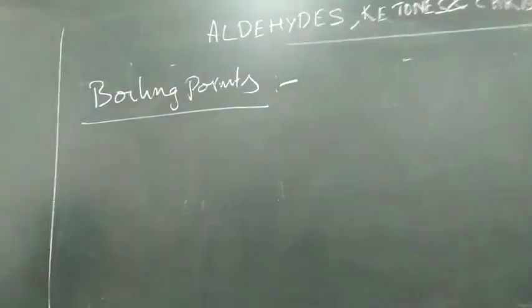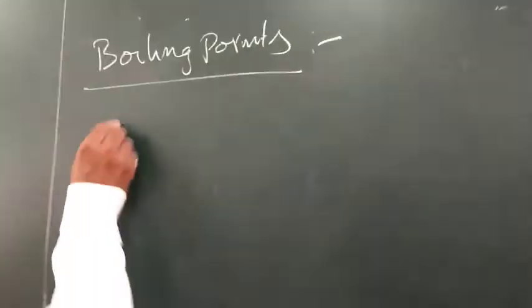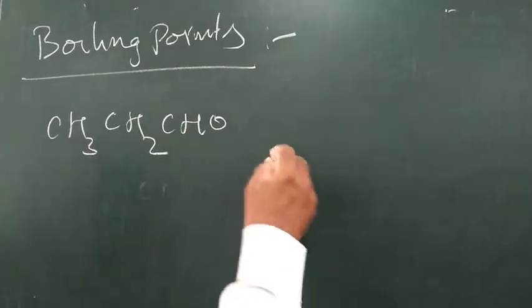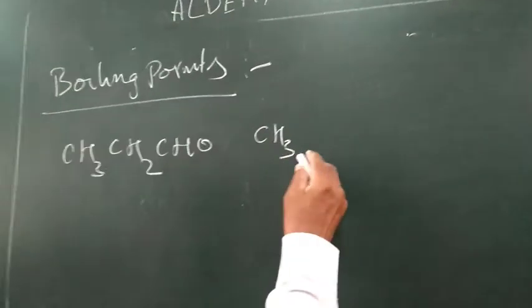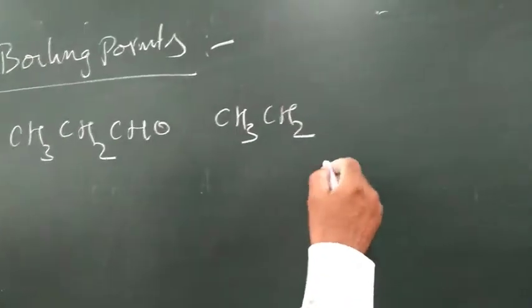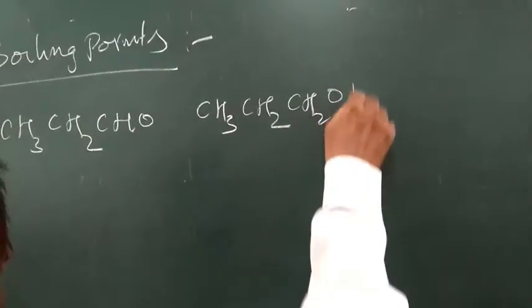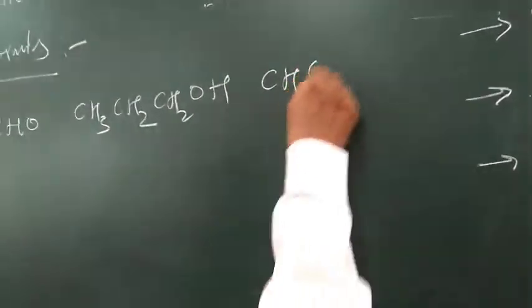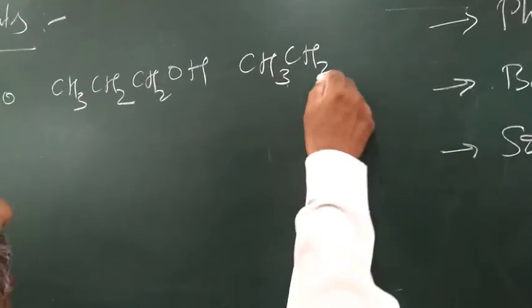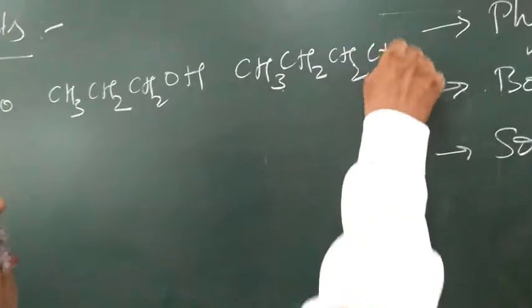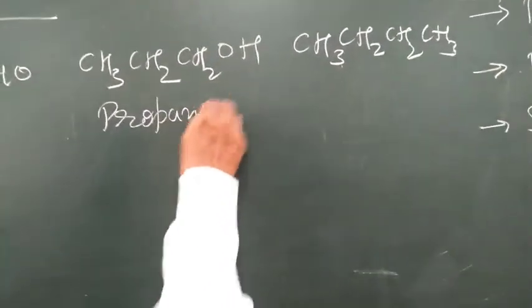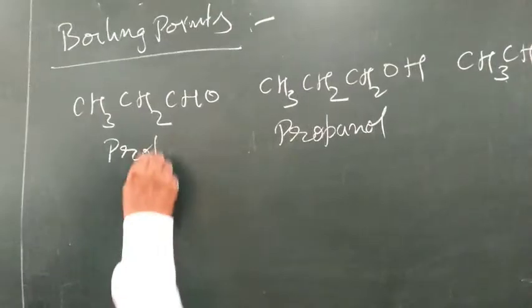That is, if you take CH3CH2CHO, this is CH3CH2CH2OH, and this is CH3CH2CH2CH3. So this is propanol, and this is butane.